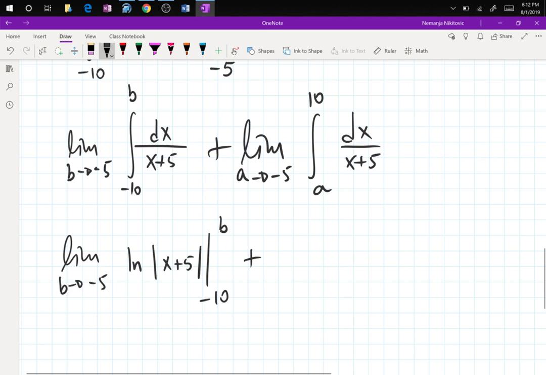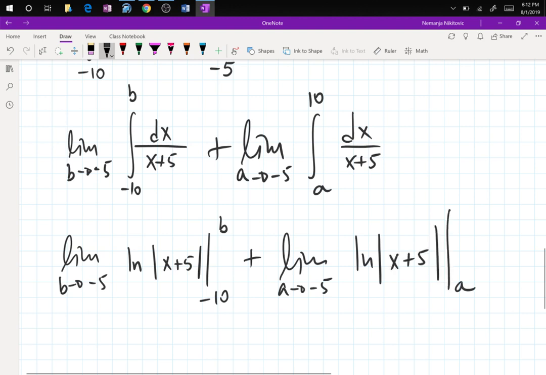And on the other end, you have the limit a goes to -5. Again, ln of x plus 5, but this one goes from a to 10. What is happening when I plug in -5? I get ln of 0. And ln of 0 is -infinity, and the whole thing explodes.